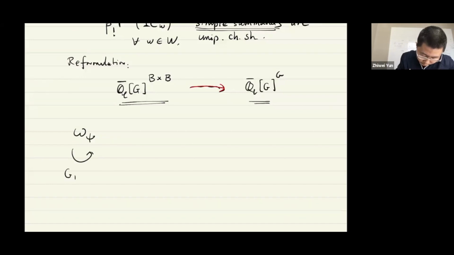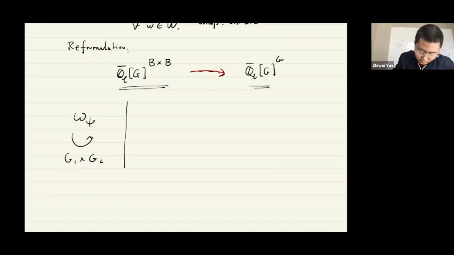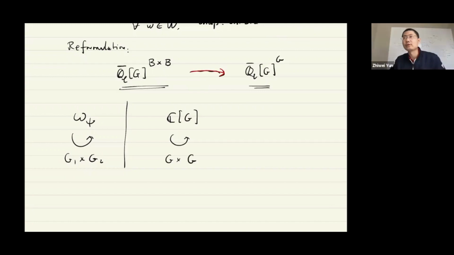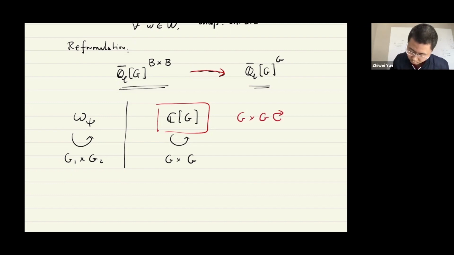What we're trying to draw is an analogy between the oscillator representation with the action of G1 times G2 and the regular representation as a representation of G times G. But a crucial difference is that the regular representation really comes from a G times G action on some variety, by left and right translation.